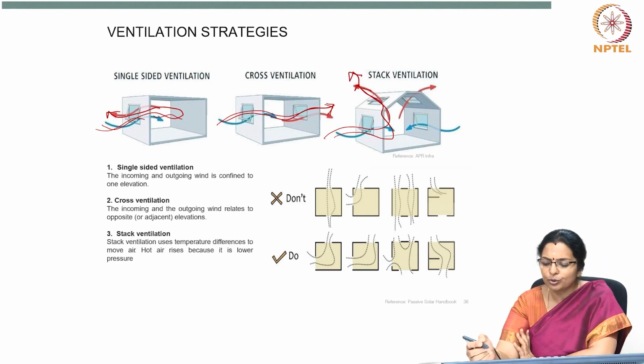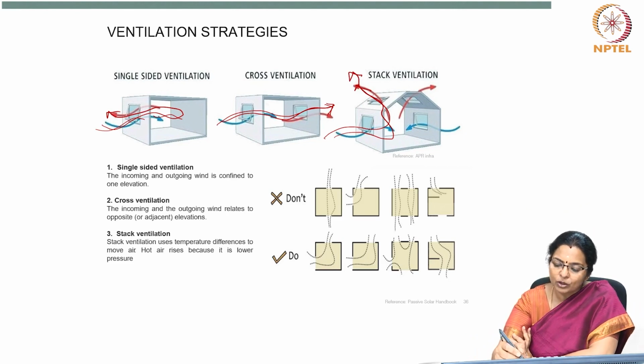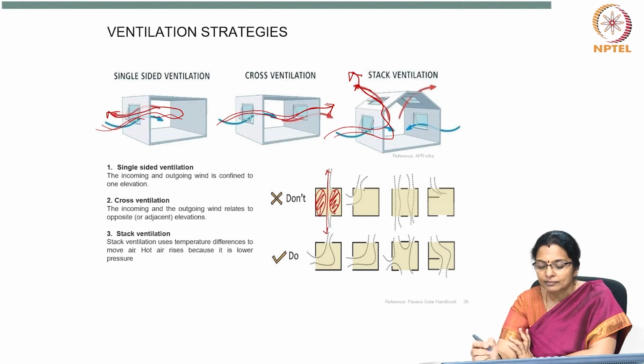What we shouldn't do and what we should do is, you must not have openings directly facing each other. If you do that, then a large part of the interior area can fall into wind shadow region. The apertures should not be next to each other, as a large part of the room falls under wind shadow region.